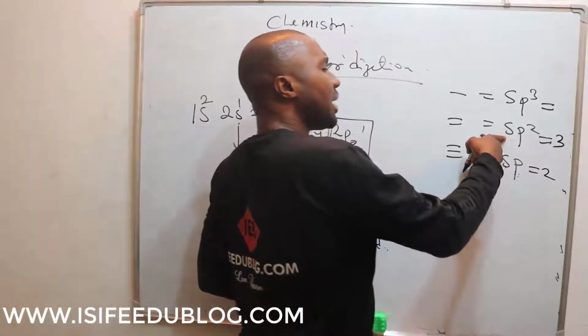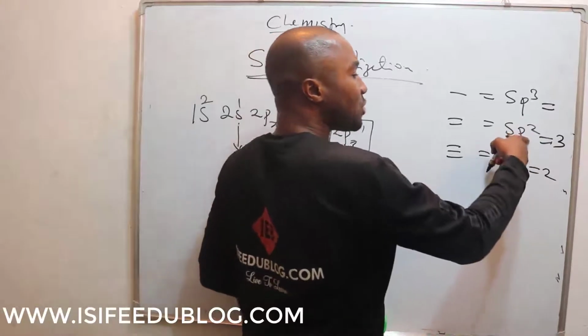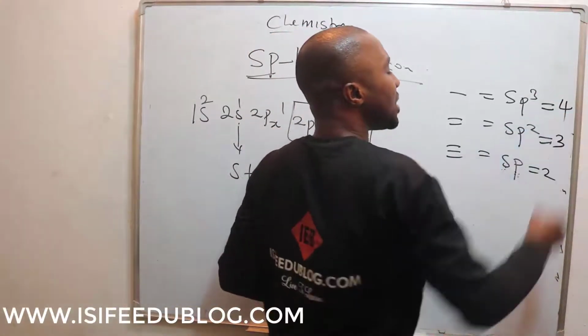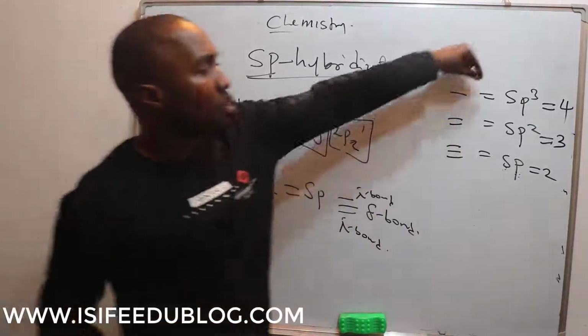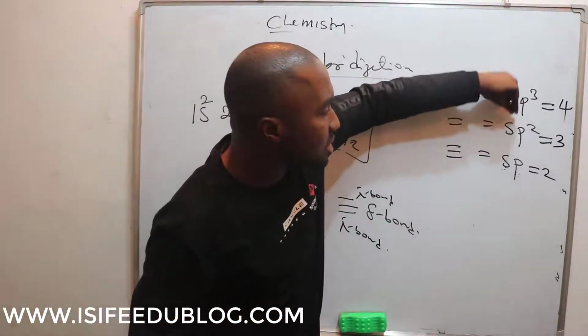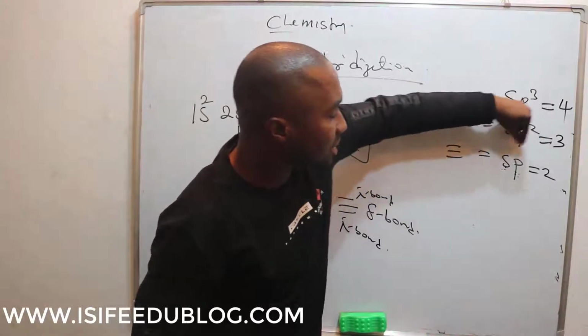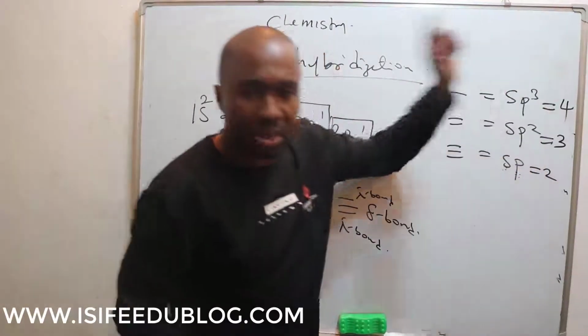If you have 3 attachments, it is undergoing SP2. If you have 4 attachments, it is undergoing SP3. That is 1s and 3p, 4 things. 1s and 2p, 3 things. 1s and 1p, 2 things.